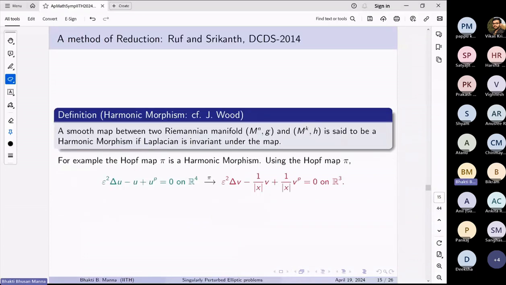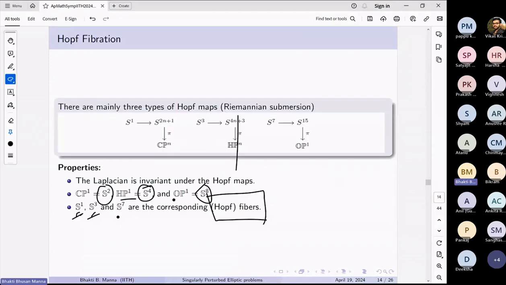As I said, maybe here I can write this. At least for this one, S^2, how it is coming. The annulus can be written as 0 to infinity cross S^3.